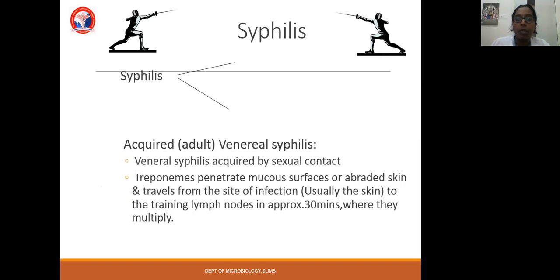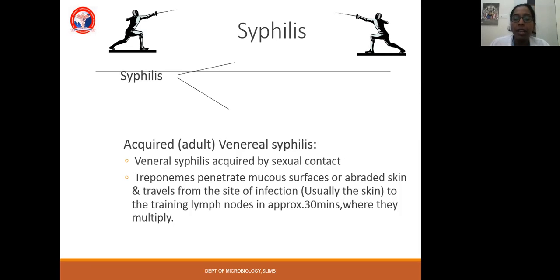Now we'll see about syphilis. There are various stages of syphilis. It's basically a venereal disease. How is it acquired? Adult syphilis is acquired by sexual contact, and usually these organisms penetrate through the mucosal surfaces or abraded skin, and they travel from the site of infection under the skin.